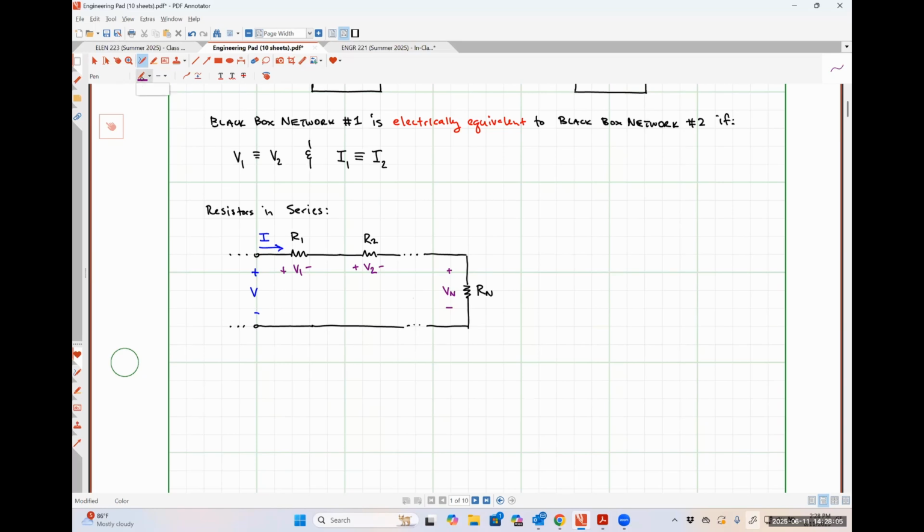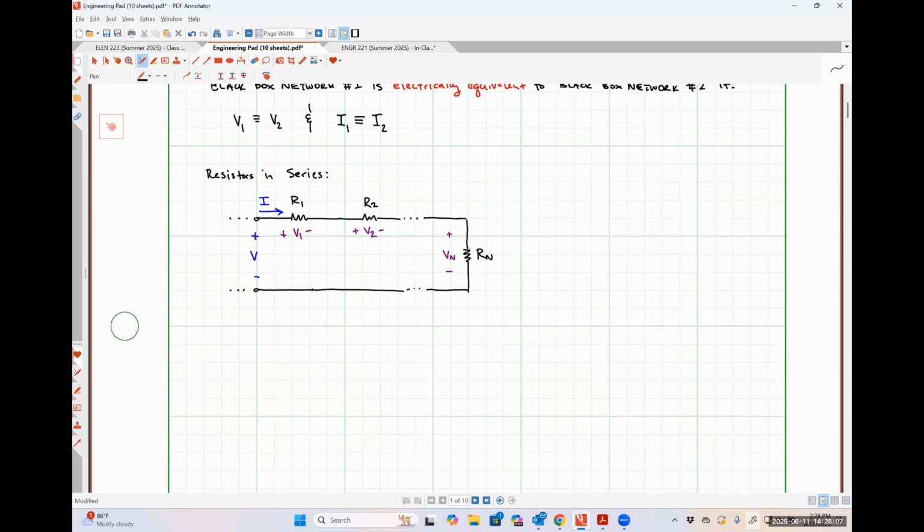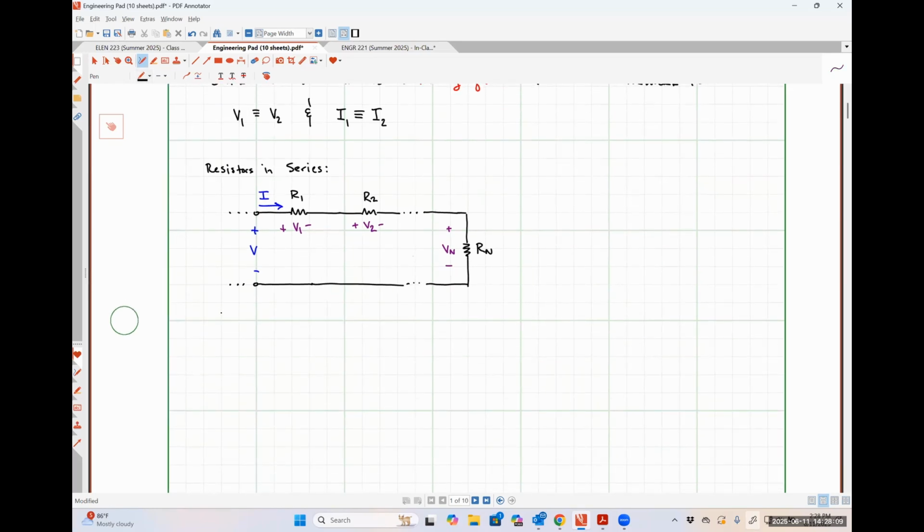So if I apply Kirchhoff's voltage law around this loop, what I'll wind up getting is negative V plus V1 plus V2 all the way out to V sub n is equal to 0.